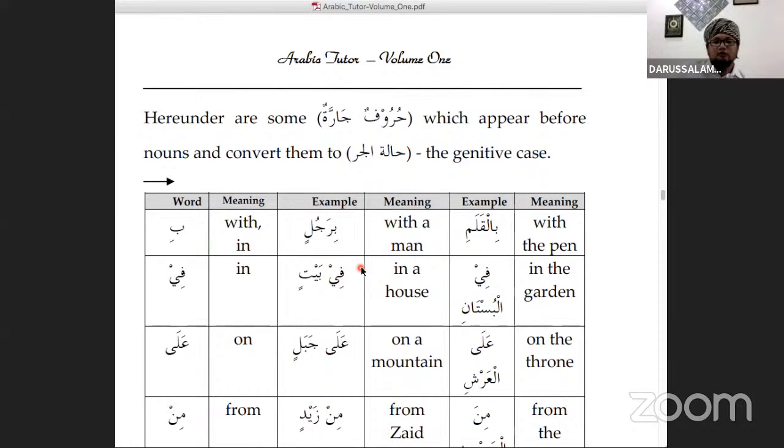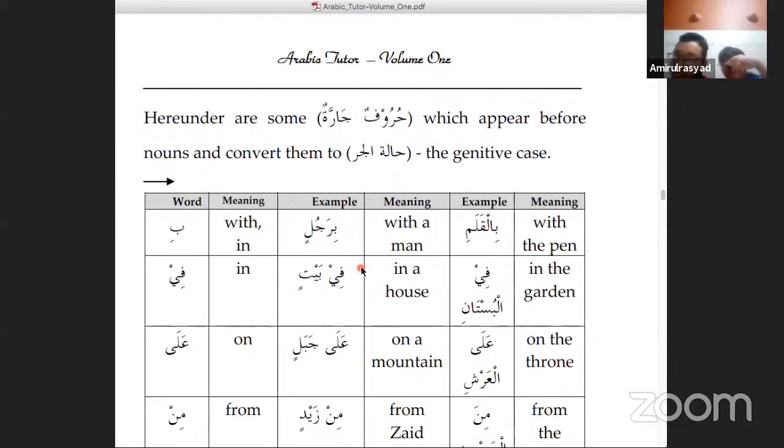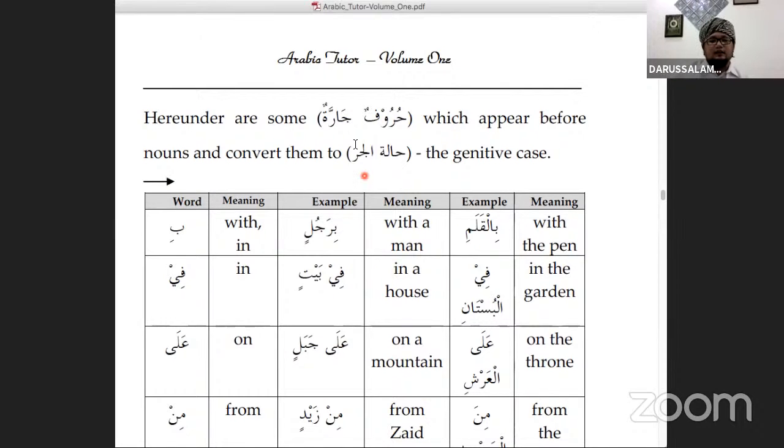You can say that as well. Okay, what does that mean? Huruful jar will make the ism after it become majrur.